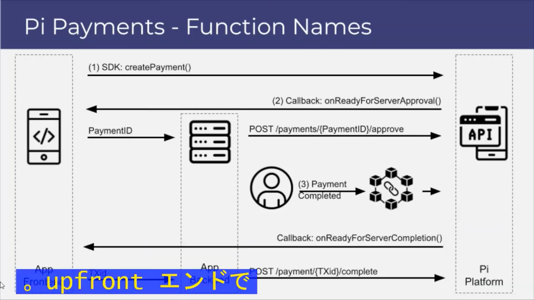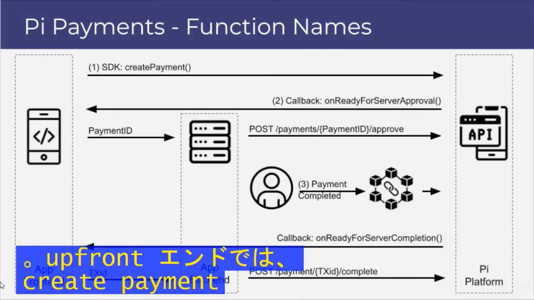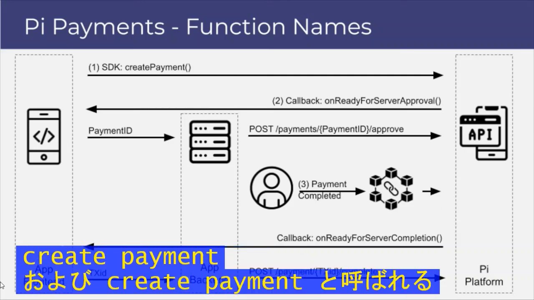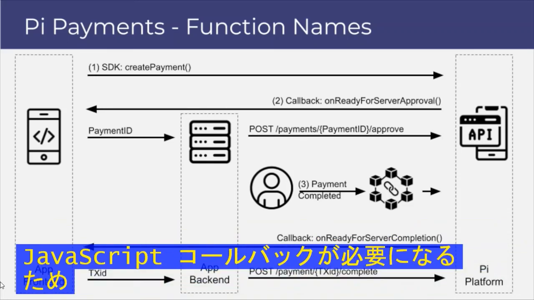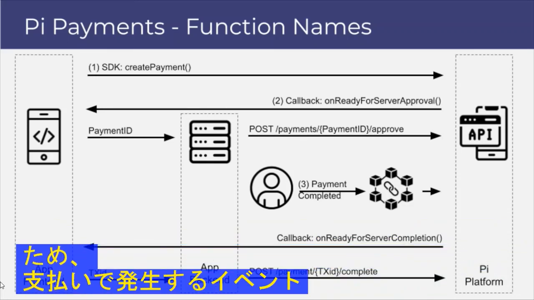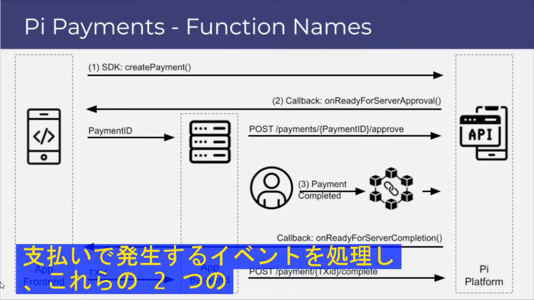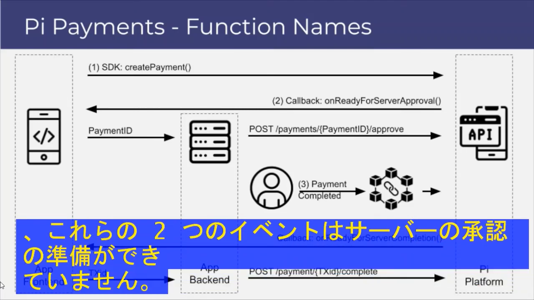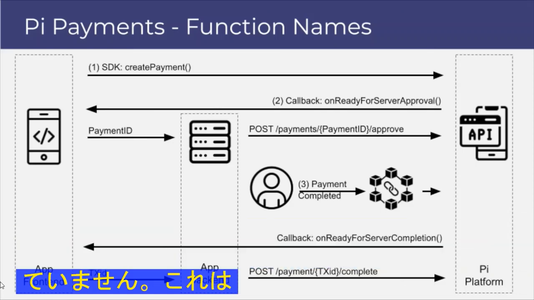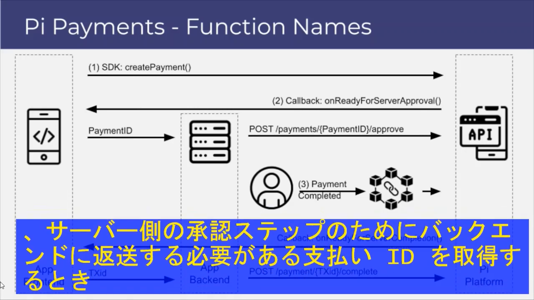And the app front-end calls a method that's called createPayment. And createPayment takes a few JavaScript callbacks, so small methods that are used to handle events happening on the payment. And those two events are onReadyForServerApproval. This is when we get the payment ID that we need to send back to our backend for the server-side approval step.